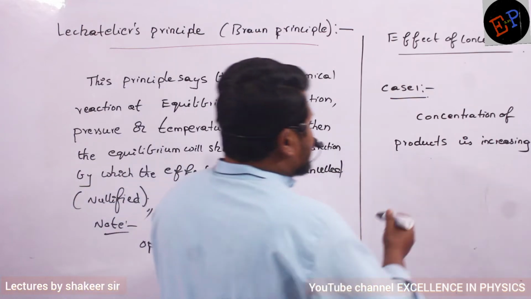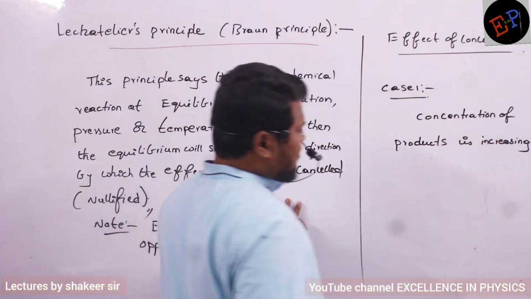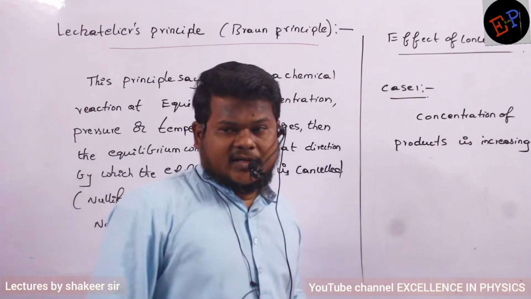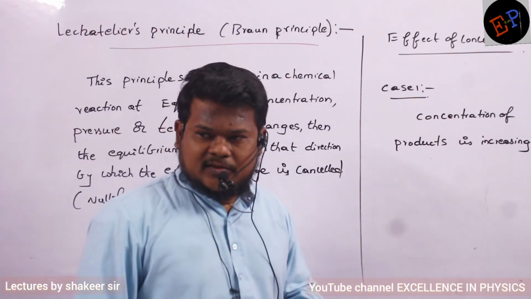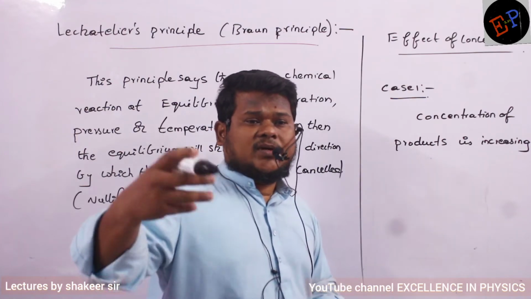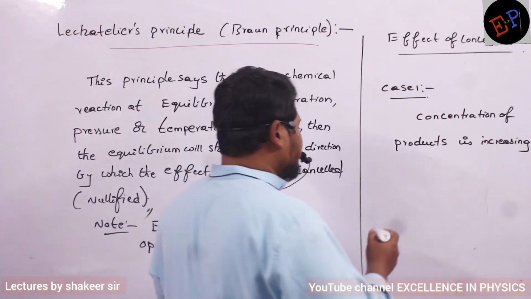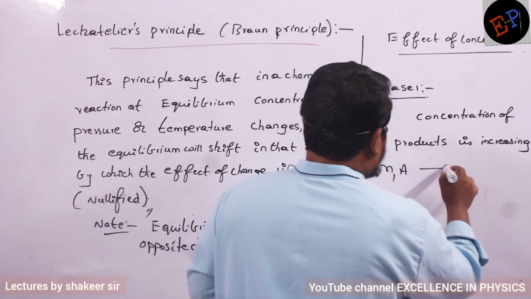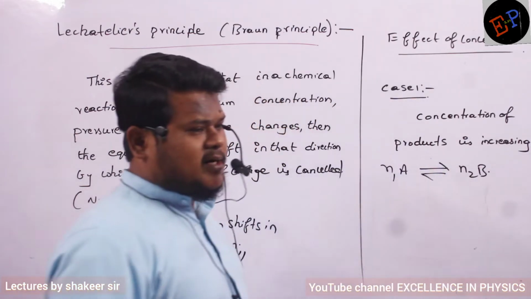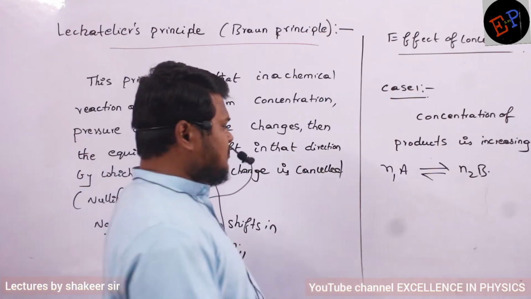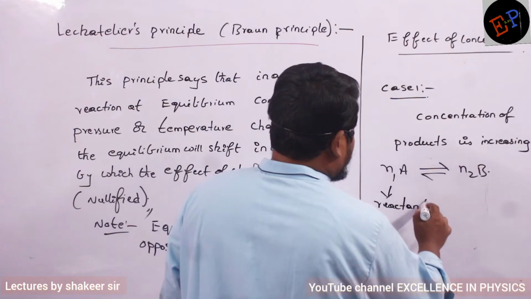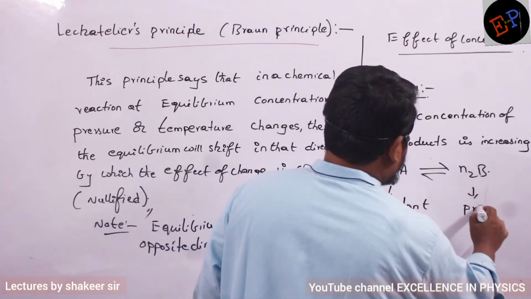Now see. If concentration of products is increasing, is the reaction undergoing forward reaction or backward reaction? Forward reaction. So the reaction is in the forward direction. Then only the concentration of products will increase. For example, if I write nA converts into nB, which is the reactant and which is the product here? This one is the reactant and this is the product.